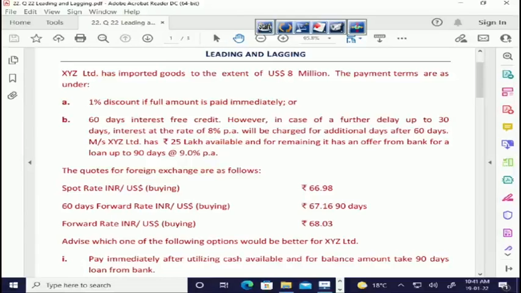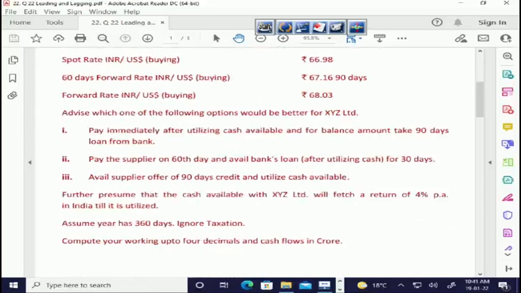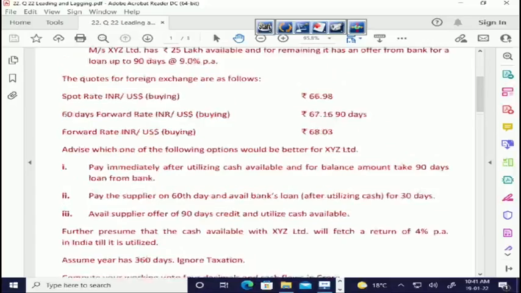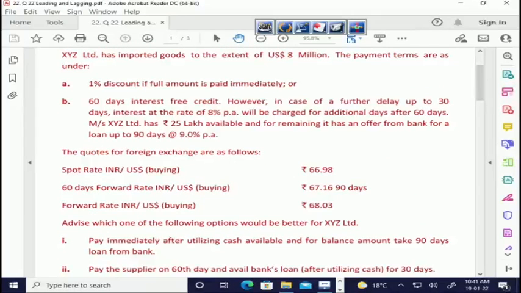I would also like to see what is the opportunity cost of using our own funds. That's given right over here. Further, presume that the cash available with XYZ will fetch a return of 4% per annum in India until it is utilized. So 4% is like the cost of the 25 lakh, and the borrowed funds, the cost is 9%.